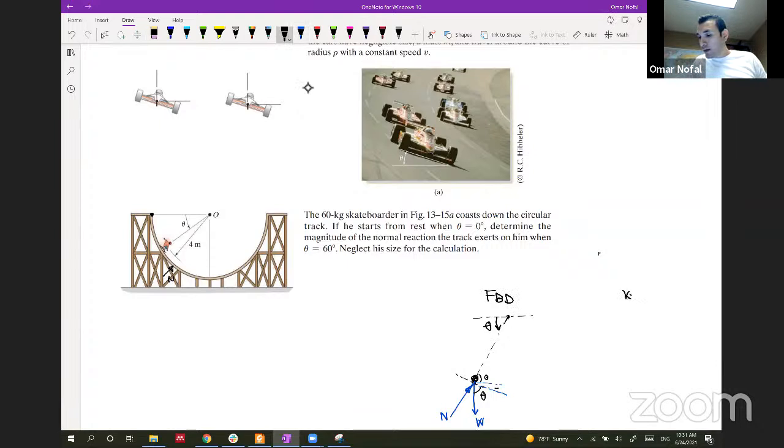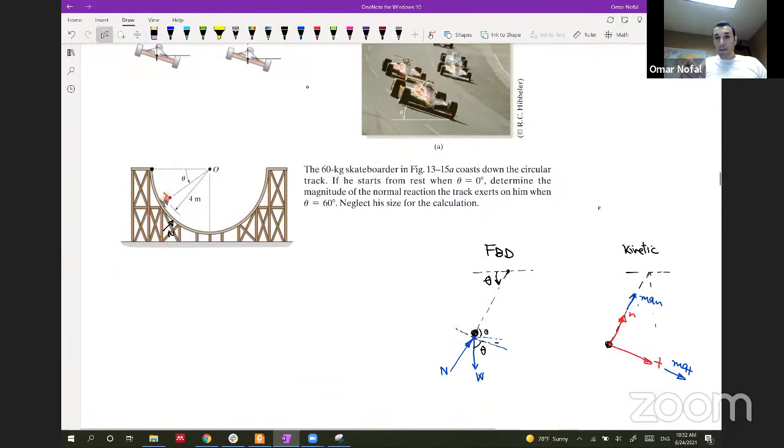Let's draw the kinetic diagram. Let's assume that these are the directions of the tangent, and these are the directions of the normal, and we have m a tangent in this direction and m a normal in this direction.